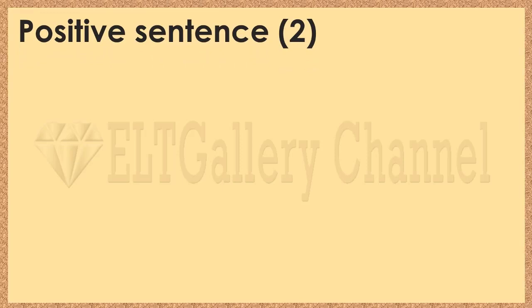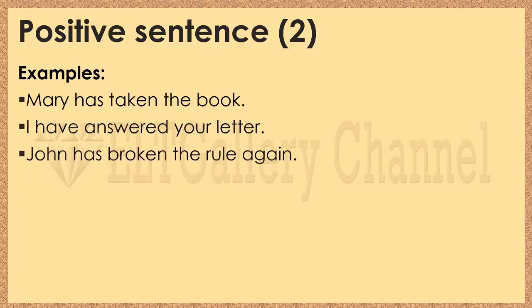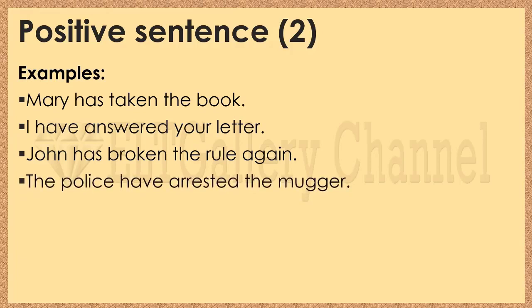And then we have the positive examples. Mary has taken the book. You have has here because Mary is she. I have answered your letter. You have I have here. And then John has broken the rule again. This is John and you have has over here. And the police have arrested the murderer. Here the police is always plural and therefore we use have here.